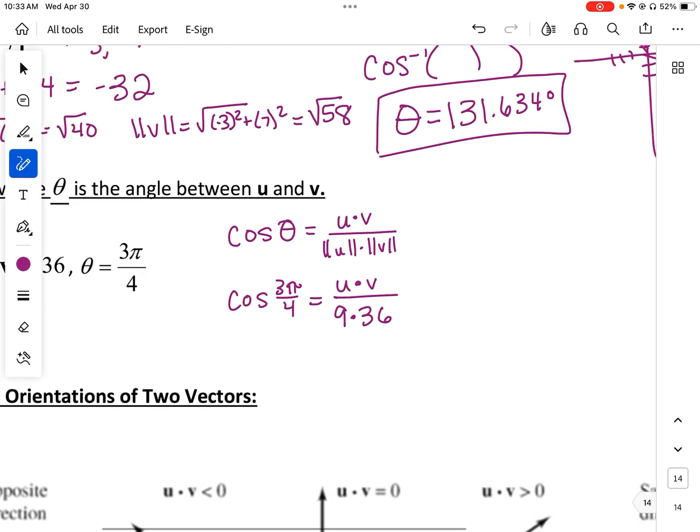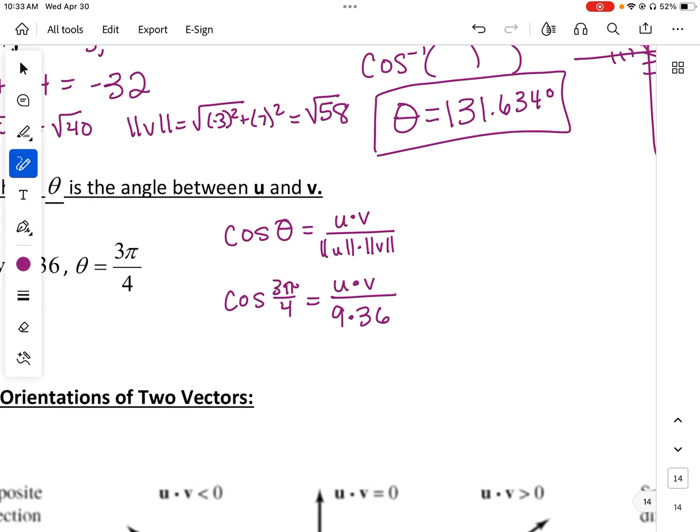So I want to go ahead and look at what is cosine of 3 pi over 4. So get out your formula chart, your unit circle, and we are in radian mode. When theta equals 3 pi over 4, the values are negative square root of 2 over 2 and square root of 2 over 2. So it says cosine. So cosine is the x. So negative square root of 2 over 2 equals the dot product over 9 times 36, 324.